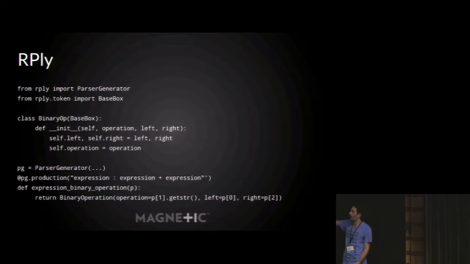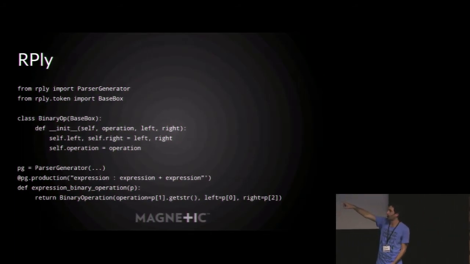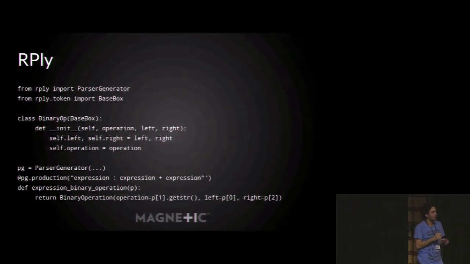So what's going to happen here is that any time your parser sees expression, then plus sign, then expression, RPly, the library, will call this function and pass in this object, which is roughly a list of semi-parsed tokens.